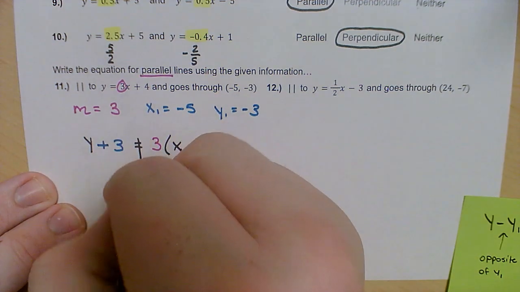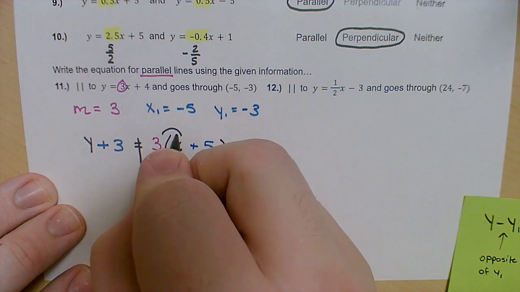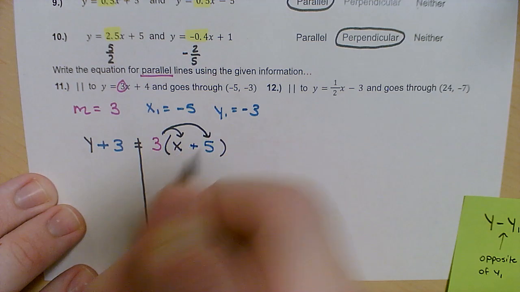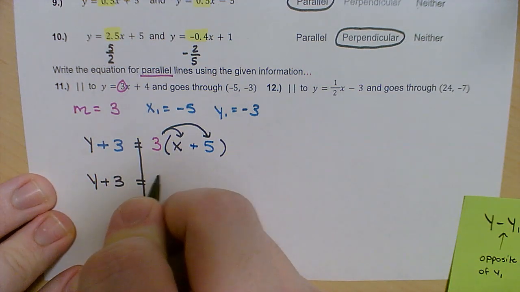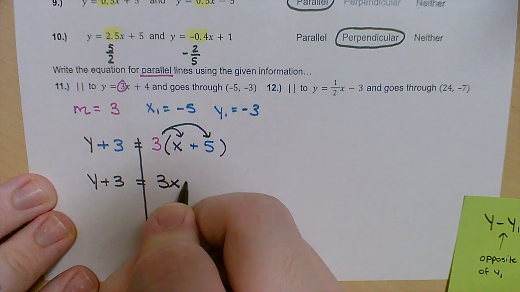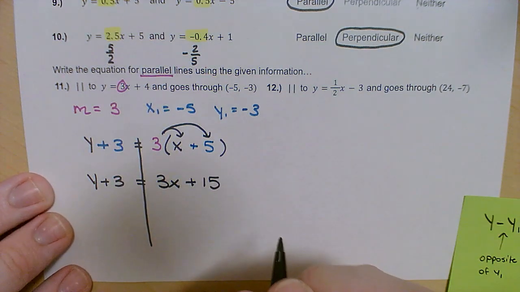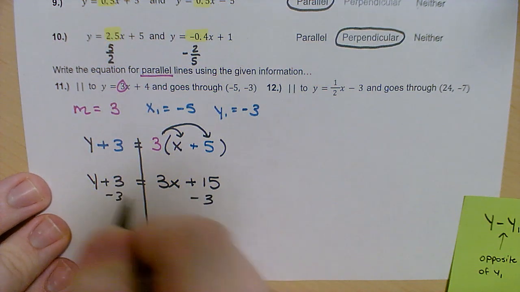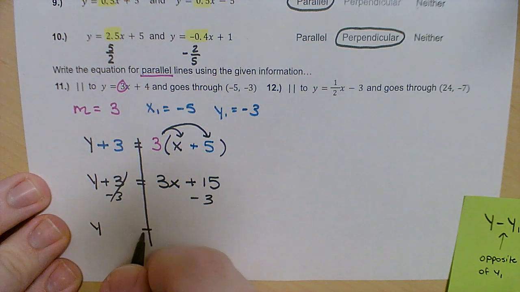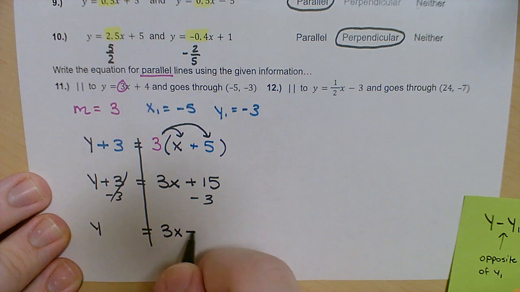And then we will distribute 3 times x and 3 times 5. 3 times x is 3x, 3 times 5 is 15. And then I'm going to subtract 3 from both sides to get y equals 3x plus 12.